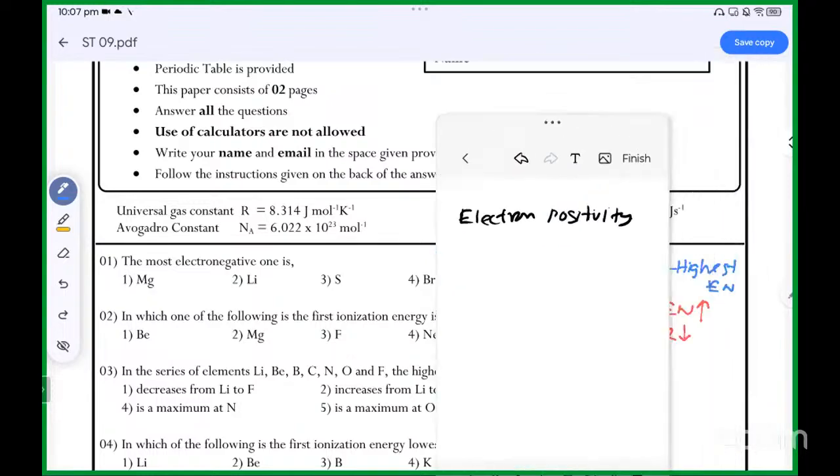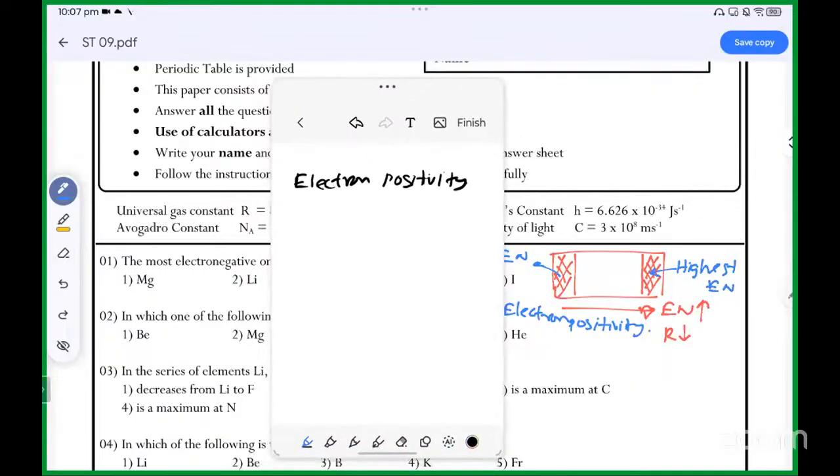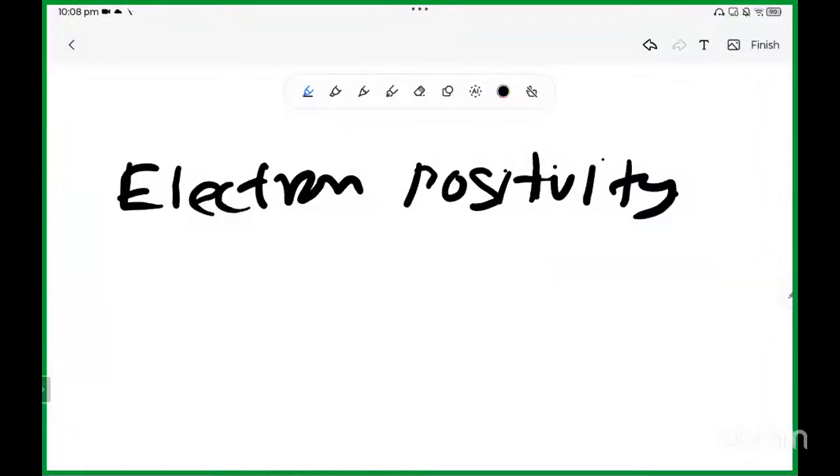Now here, I need to talk about electropositivity. Electropositivity is exactly the opposite of electronegativity, right? In general, let's say there is an element like fluorine. Fluorine has the highest EN, which means it has the lowest electropositivity, exactly the opposite.